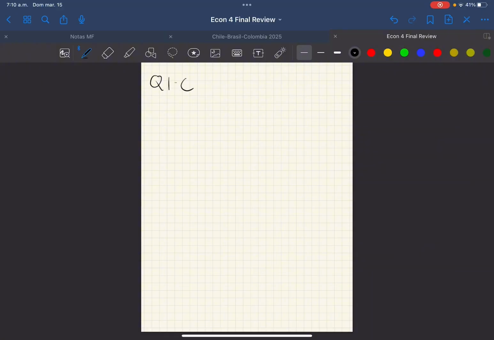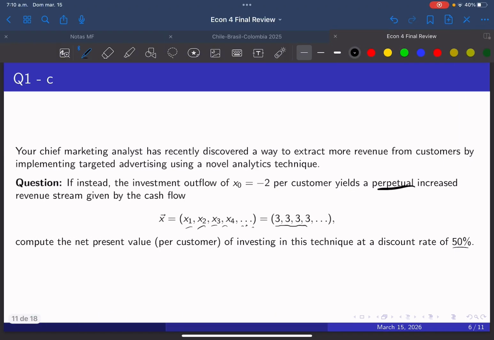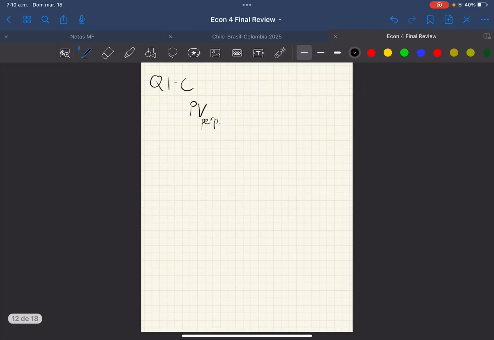Okay. So when the perpetual revenue stream is constant, it's easier to calculate. I'm going to first solve for the present value of just the perpetual revenue stream portion. So I'm ignoring the initial outflow for now, and I'm just calculating the present value of the revenue stream.